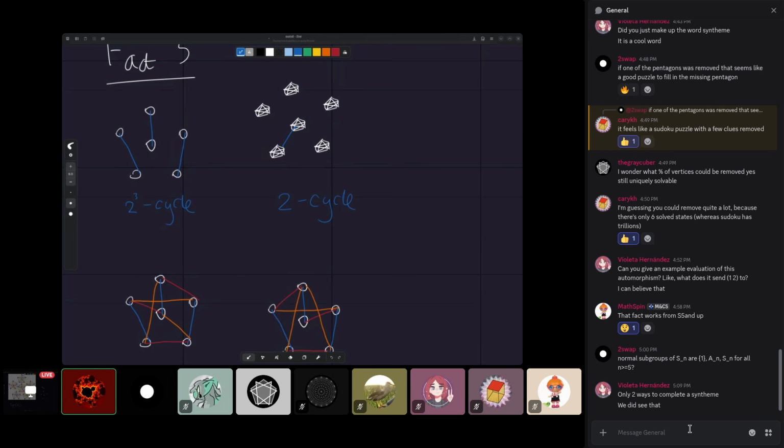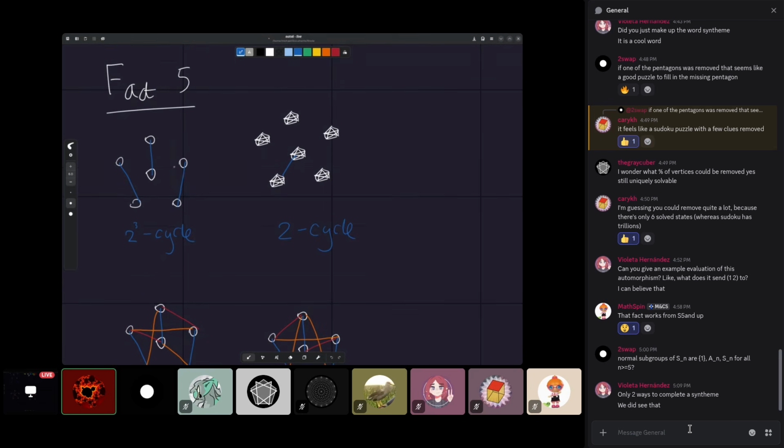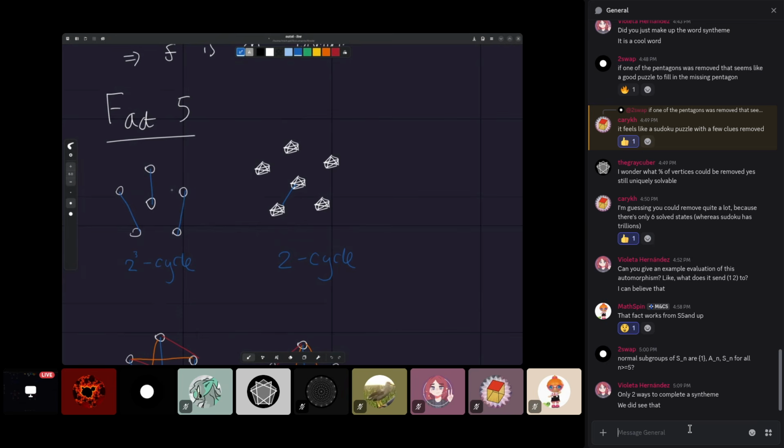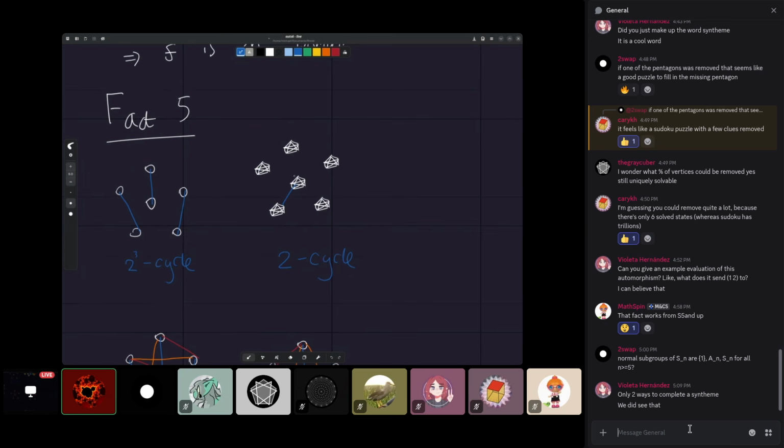Oh, it gets so horrible. It's easier to go the other way. As in, okay, right, fine. Well, we don't know these are fixed, but this does at least show.